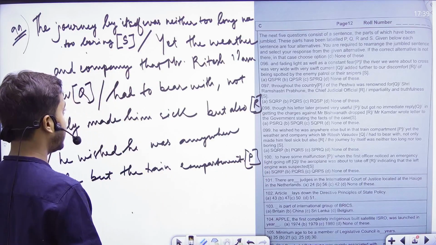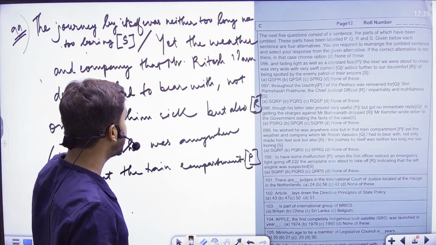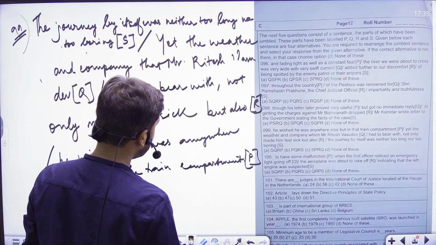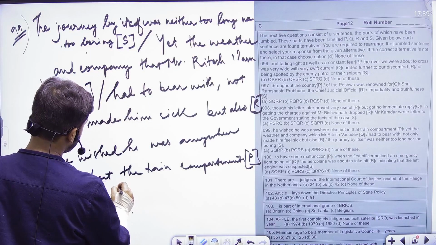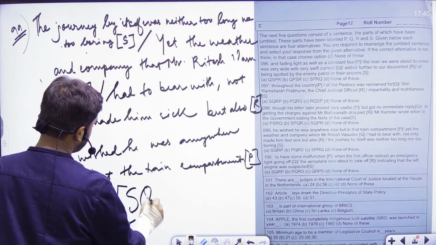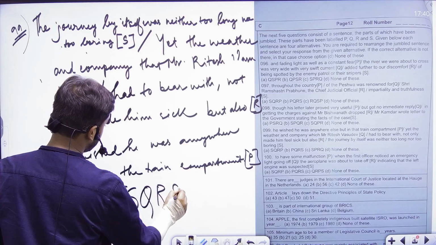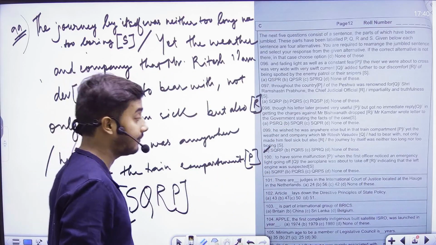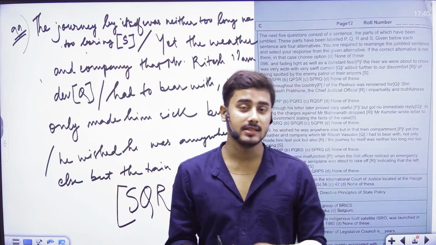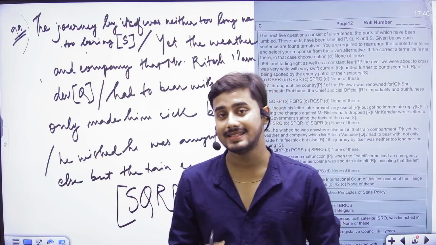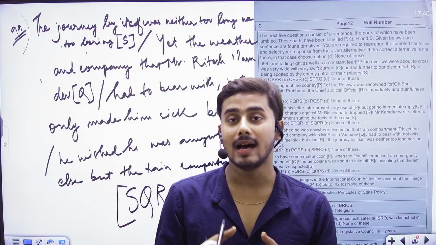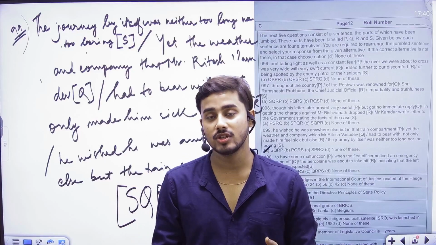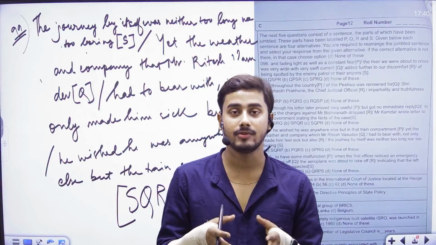So now if you look at the chronology, it is S, Q, R, P. Which brings us to the first option, which is option number A. The very important thing about understanding how to do jumble sentences, how to rearrange them, is understanding the exact information around which the other things of the sentence revolves around.